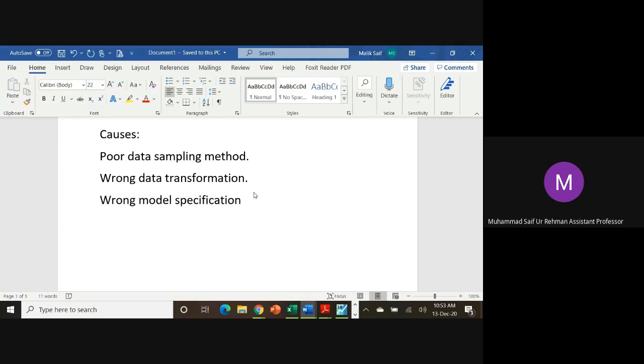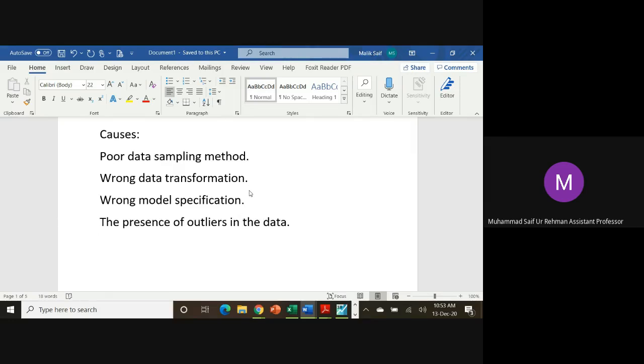Then there is a third cause, and that is the presence of outliers in the data. So if there are outliers in the data, then this problem will be there, or most probably will be there.